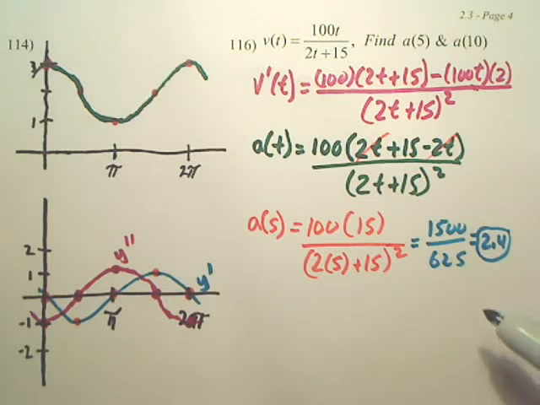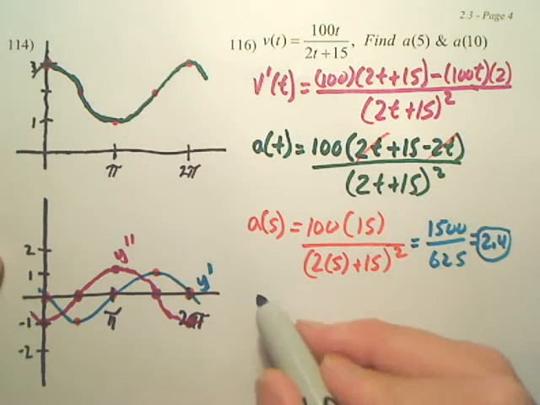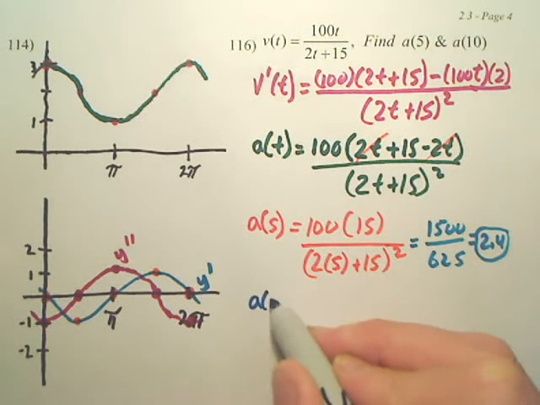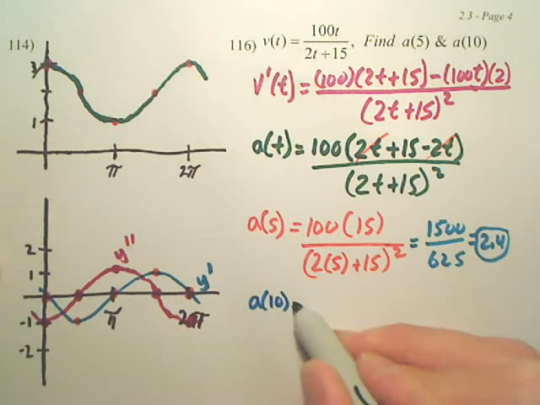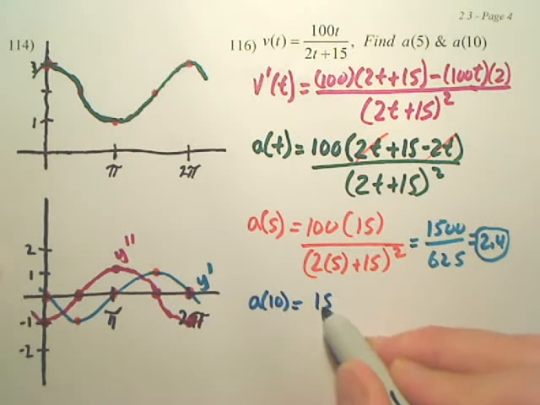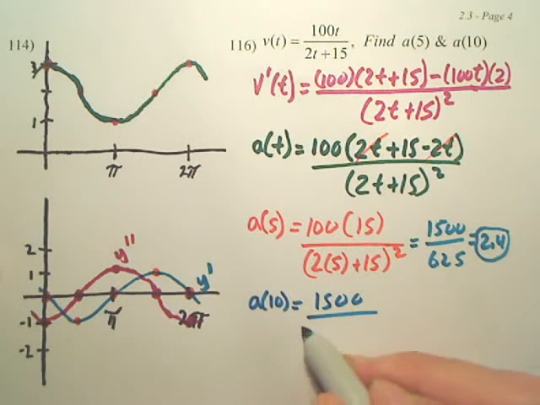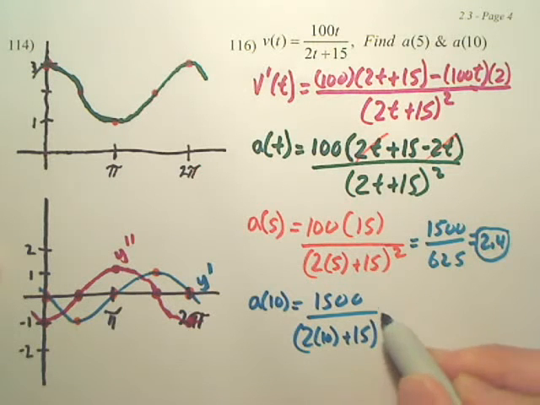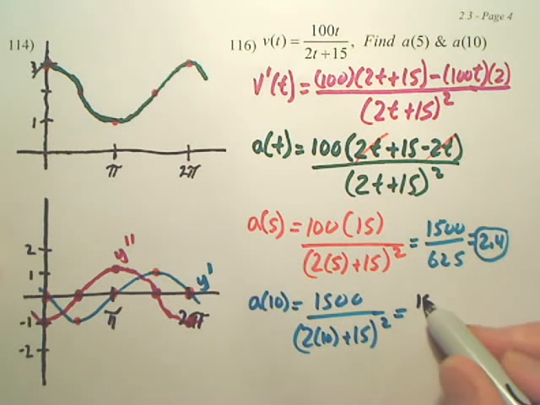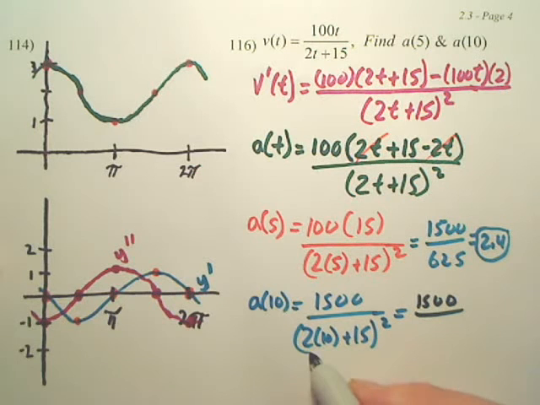That's the rate at which the velocity is changing. How is the velocity changing? Changing 2.4 something per time. We don't know the exactness. And if we want a of 10, same idea, except now I can combine those. I'm just going to simplify that. 1500 over 2 times 10 plus 15 squared. Looks like that's going to give us 1500 over 20 plus 15, this is 35 squared. And we got 35 squared?